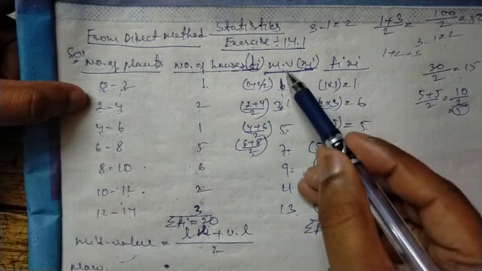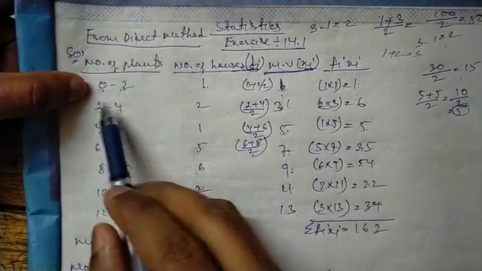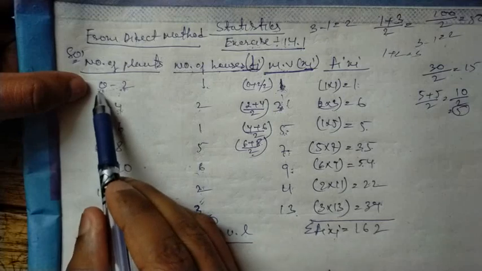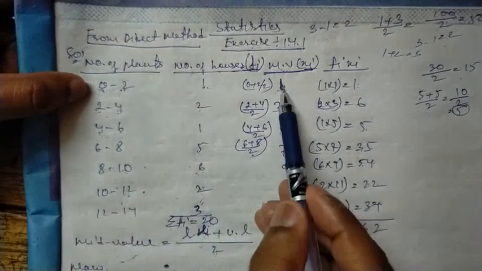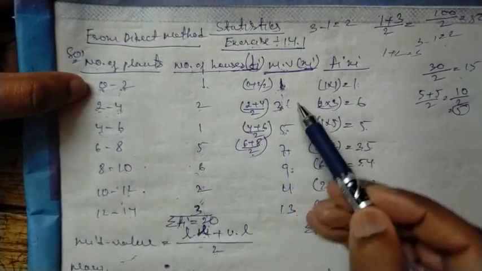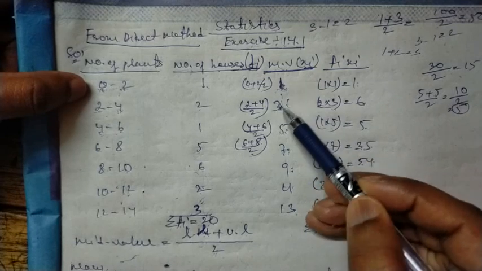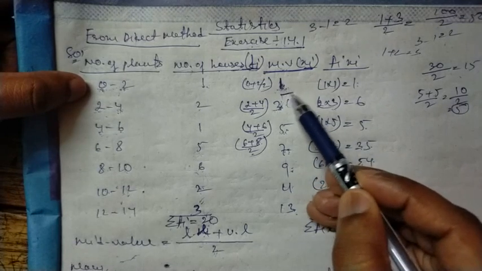After finding the mid values of two class intervals, 0 plus 2 gives 1, then 2 plus 4 gives 3. What is the gap between 1 and 3? There is a 2.